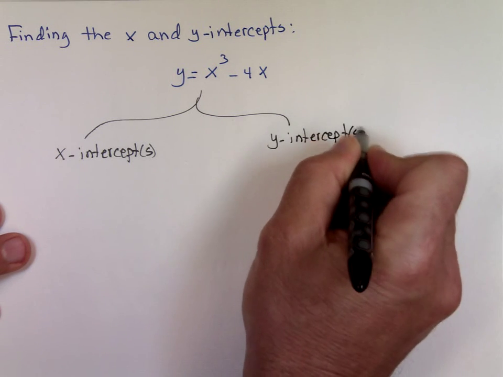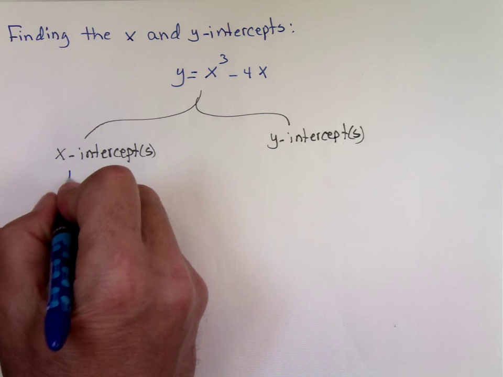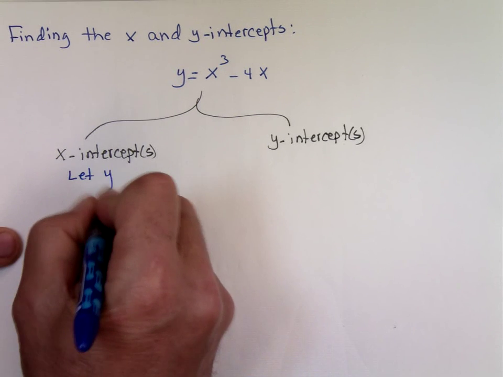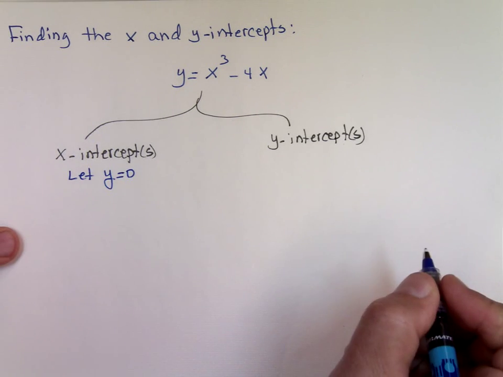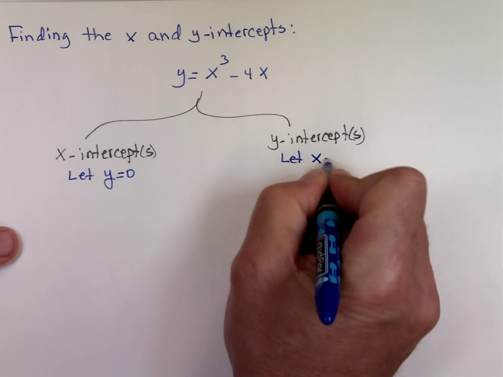I know we only have one y-intercept. Here we have 3 x-intercepts. To find the x-intercept, you let y equal 0. And to find the y-intercept, you let x equal 0. That's how you find your intercepts.